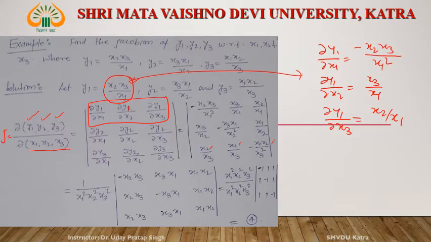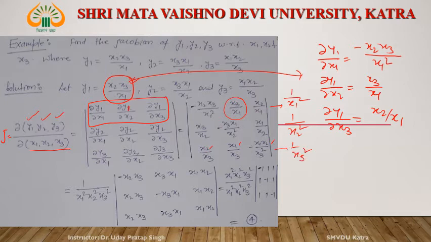Now, taking 1 upon x1 square, x2 square, x3 square common, this thing will be x2 x3. Now from this row take 1 upon x1 square, from this one 1 upon x2 square, and from this one 1 upon x3 square.